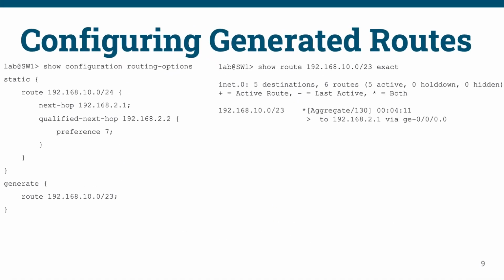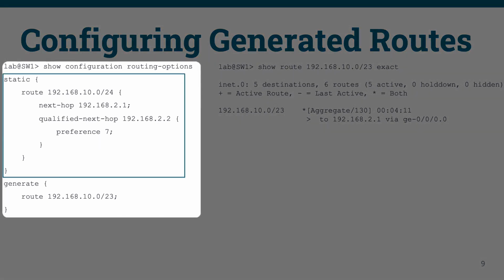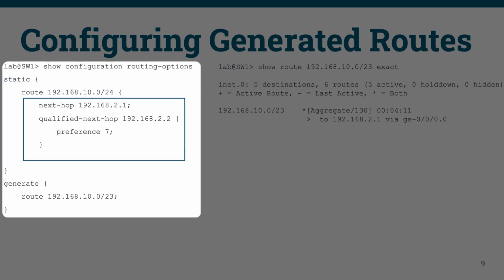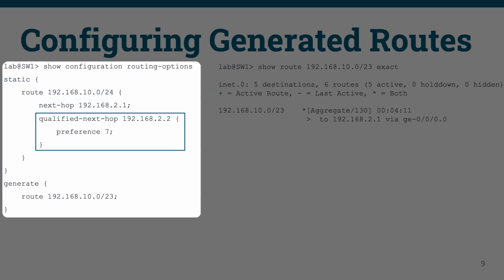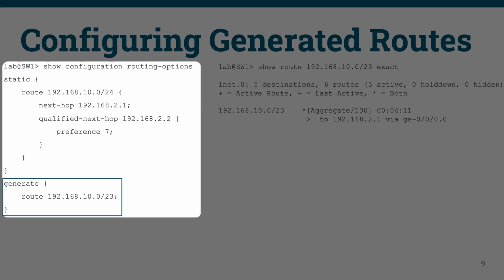Generated routes are configured under the edit routing-options generate configuration hierarchy. As we see on the left, here we have a static route configured with a qualified next hop, and the generated route configuration appears below that.